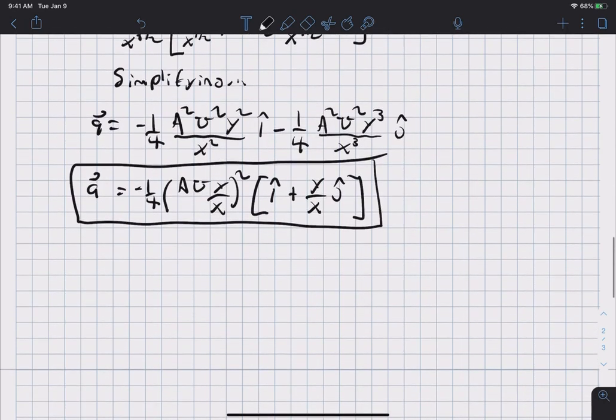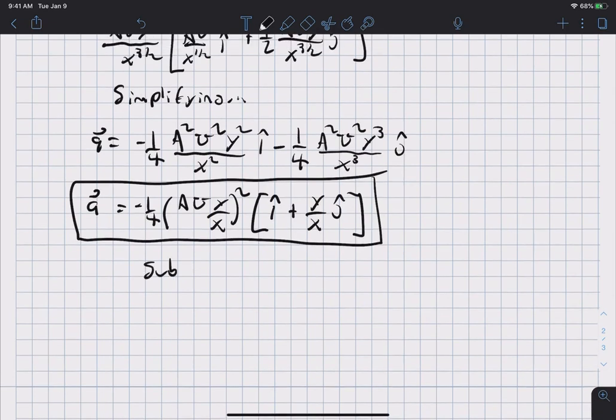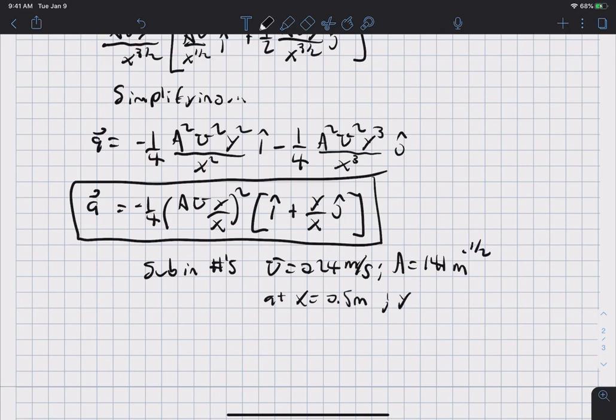Now I'm not going to show the details, but if you sub in the numbers, that u equals 0.24 meters per second, a equals 141 meters to the minus 1/2 power, and this is at x equals 0.5 meters, and y equals 5 millimeters, which is equal to 0.005 meters.